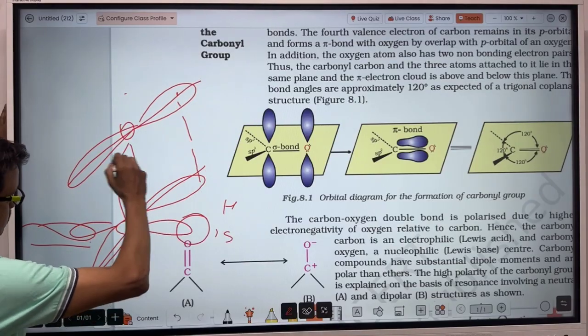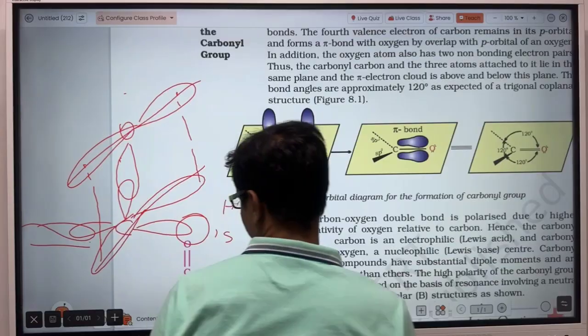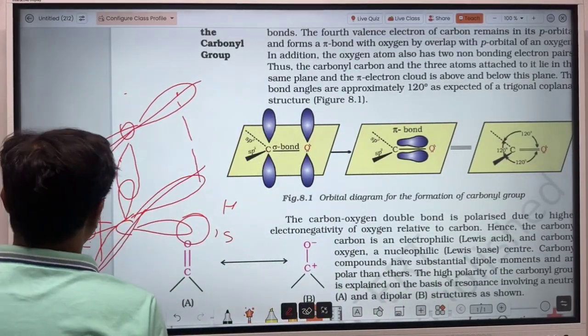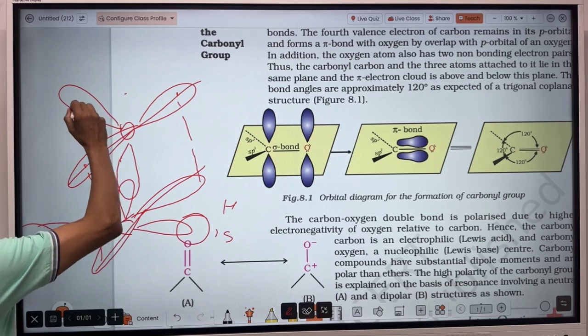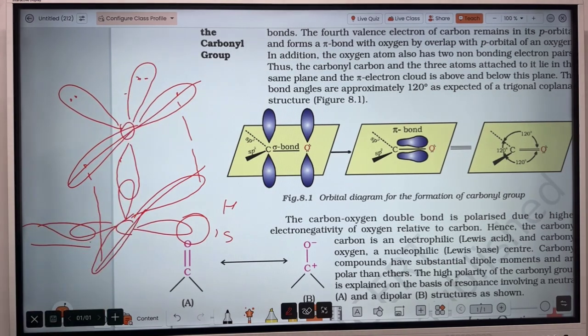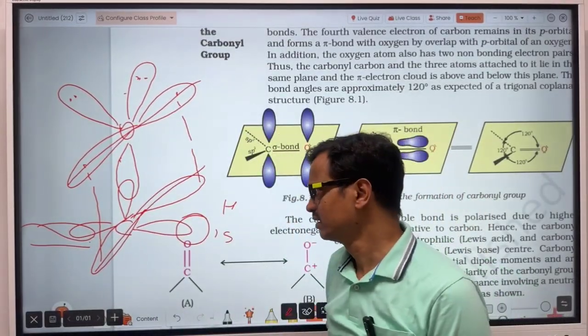There will be sidewise overlapping between the unhybridized p orbitals of carbon and oxygen, and there will be formation of a pi bond. This oxygen will contain a lone pair of electrons in one sp2 hybridized orbital and the other lone pair in the other sp2 hybridized orbital.